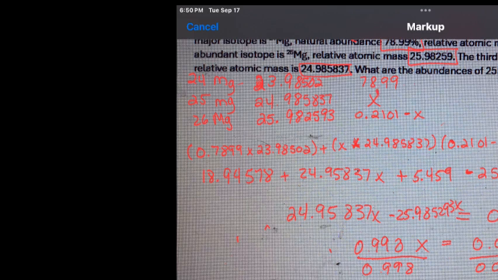So if this is going to be 10%, let me write that better for you. That's pretty bad penmanship. So if this is going to be 10%, and we have 21%, that means that this is going to be 11.101% roughly.